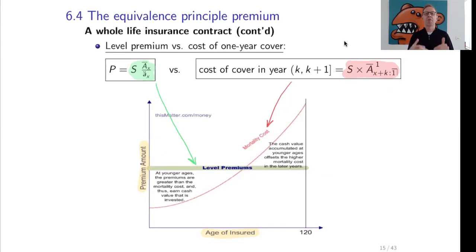So in the end, we want an amount S at the moment that we die, but in this approach, from year to year, we buy a 1-year contract.